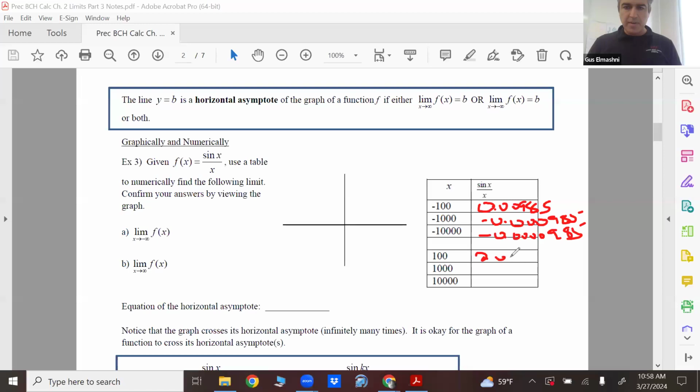There's a symmetry here, which actually makes sense because it's an odd function. Sine of negative x is negative sine x and negative x is negative x. The negatives cancel, so it is an odd function. And actually, let me do 10,000 just to be sure that I got that positive or negative. That's negative, yeah. So that's also the same thing.